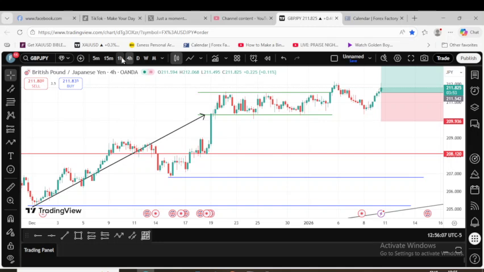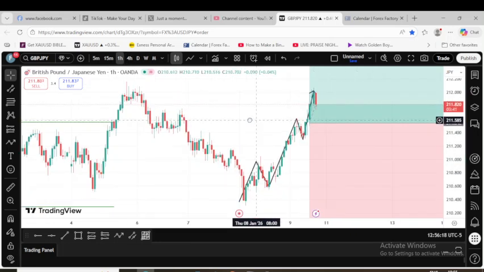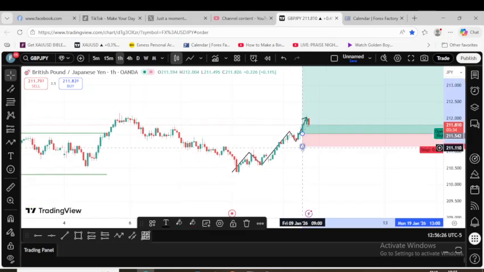On the 1 hour time frame, we can see impulsive, correctional, impulsive, correctional, impulsive. So that means that we can reduce our risk to just about this level.